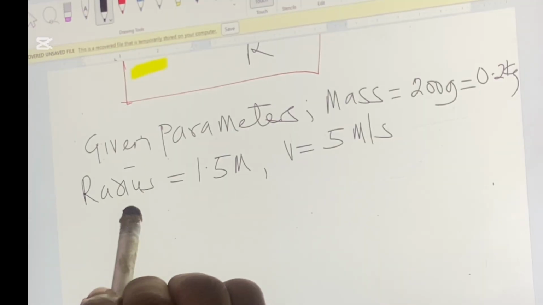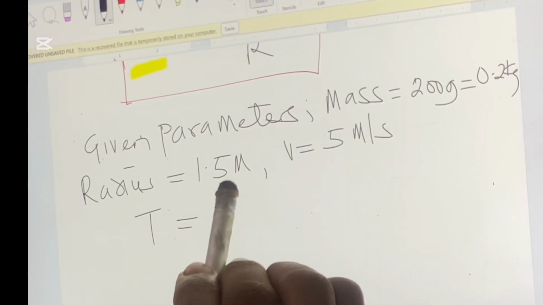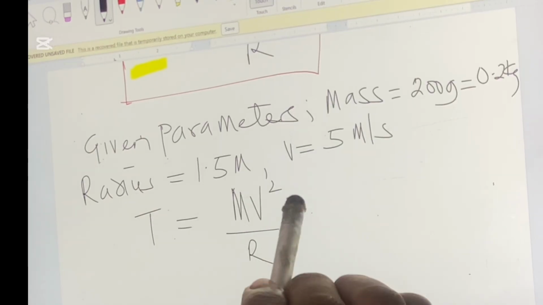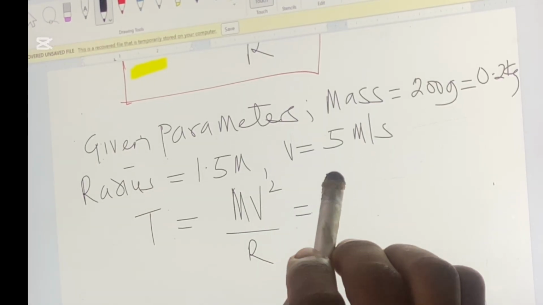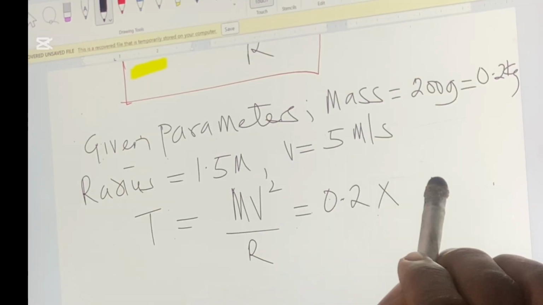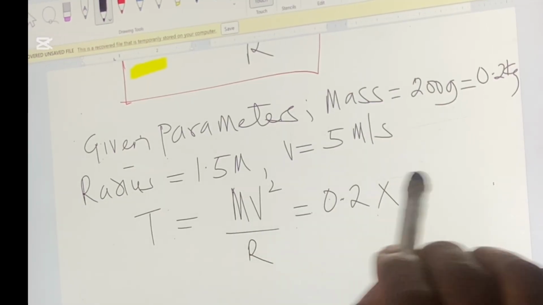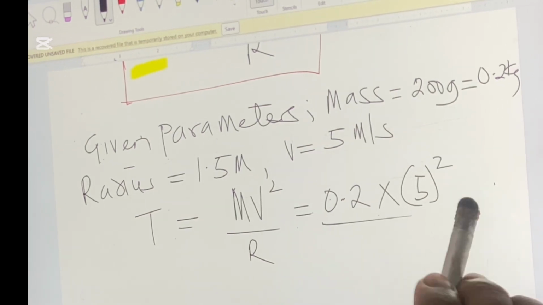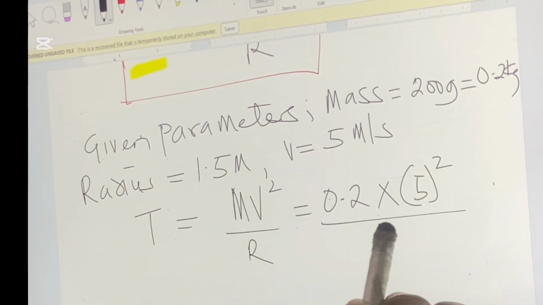So I'll have T be equal to, class, mv square over r. So let's replace our parameters. This is 0.2 times the velocity here is 5 all squared over the radius here is 1.5.